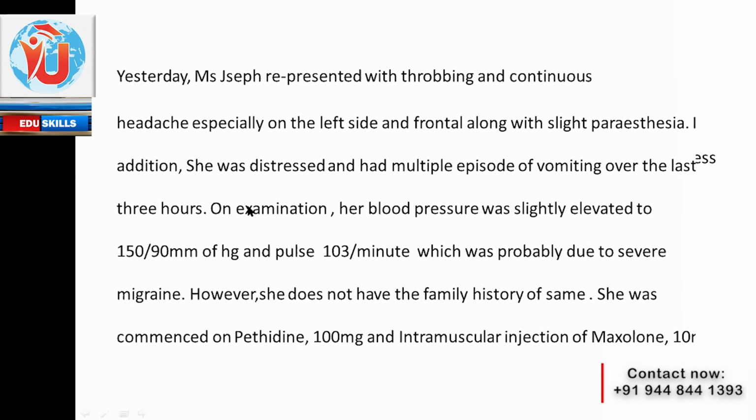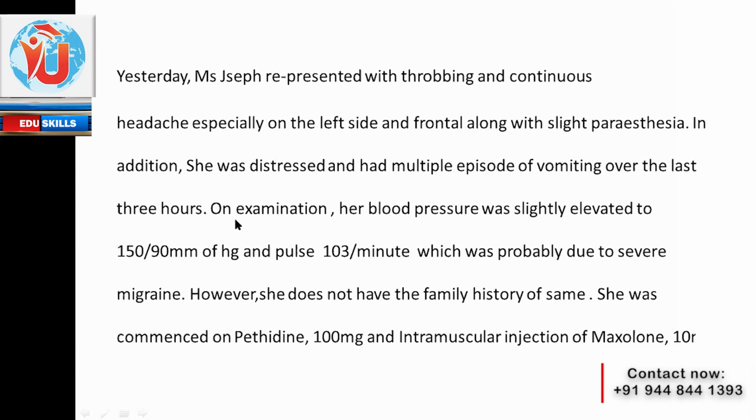Now, the third paragraph. Yesterday, Miss Joseph represented with a throbbing and continuous headache, especially on the left side and frontal, along with a slight paresthesia. In addition, she was distressed and had multiple episodes of vomiting over the last 3 hours.